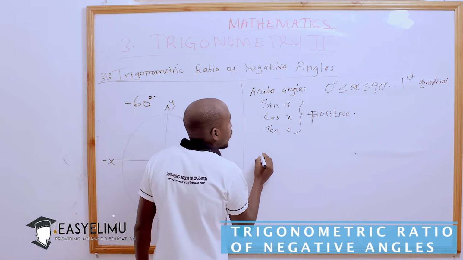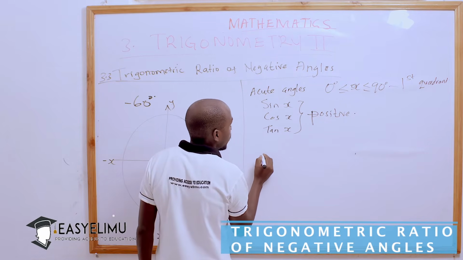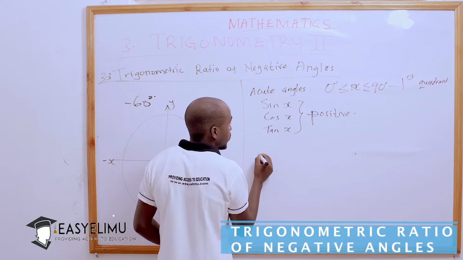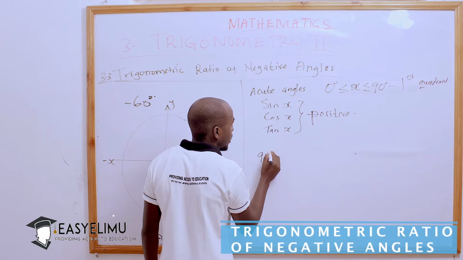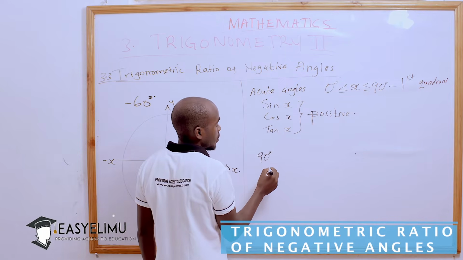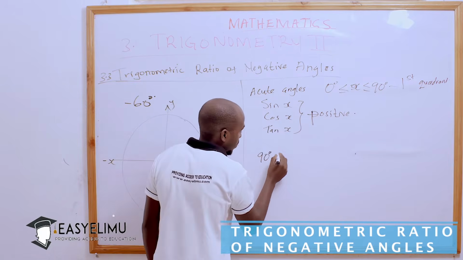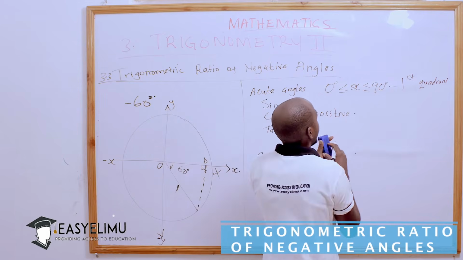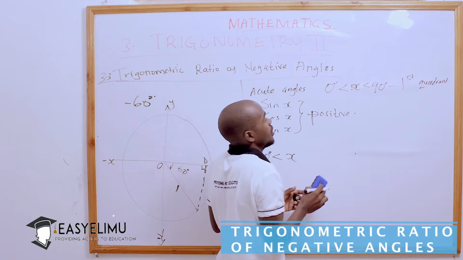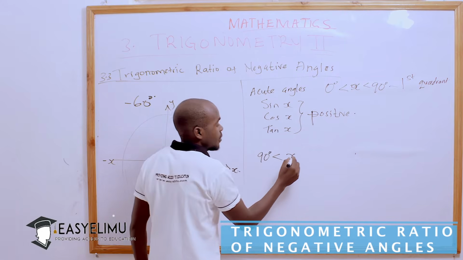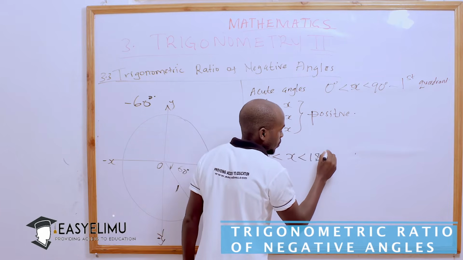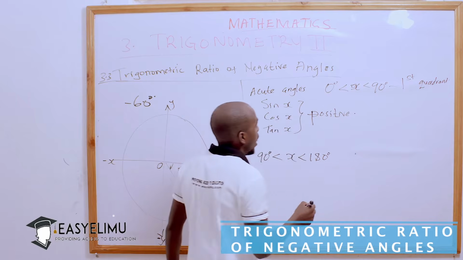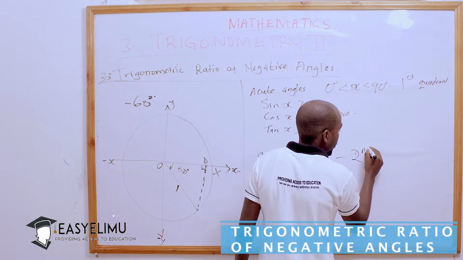If you find an angle which is obtuse, meaning that it is within 90 degrees to 180 degrees, actually here I should put it this way because some of them don't apply. So if it is this way, you will find this angle lies in the second quadrant.